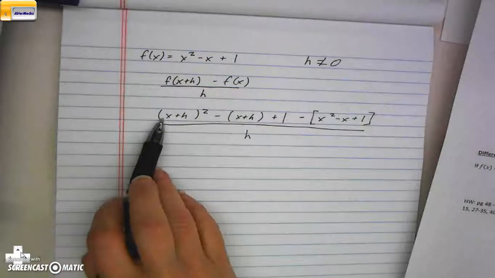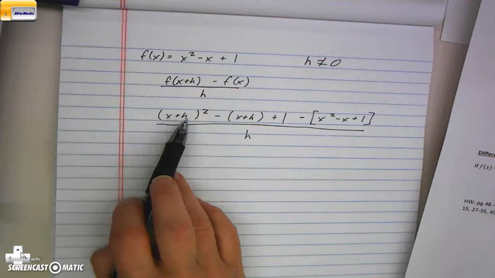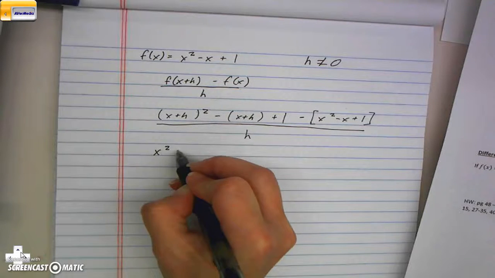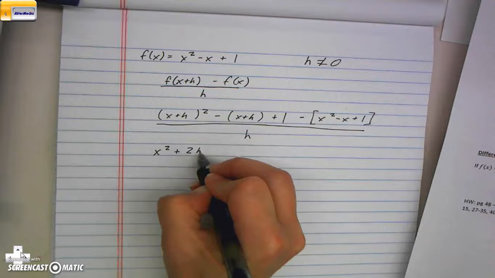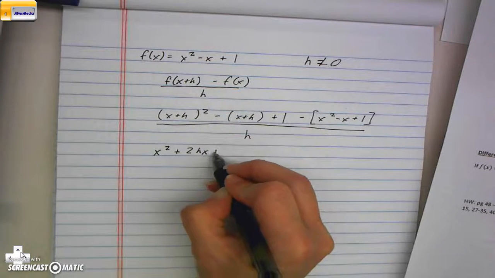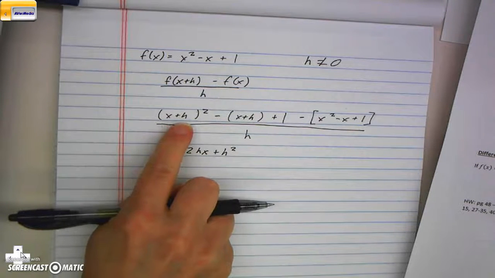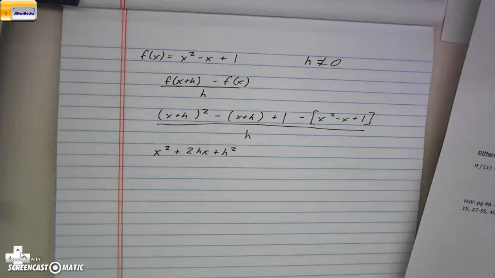Alright, what do I get when I do this? It is not x squared plus h squared. It is x squared plus 2hx plus h squared. Remember, this means x plus h times x plus h, so it's a FOIL problem, and the inside and outside terms are x times h, so you'll have two of them.